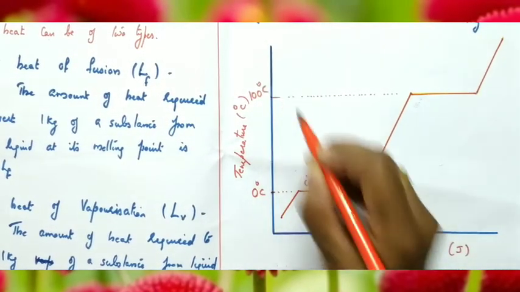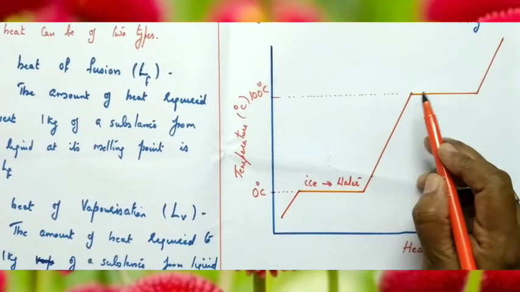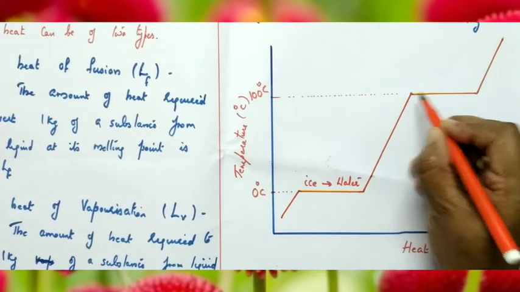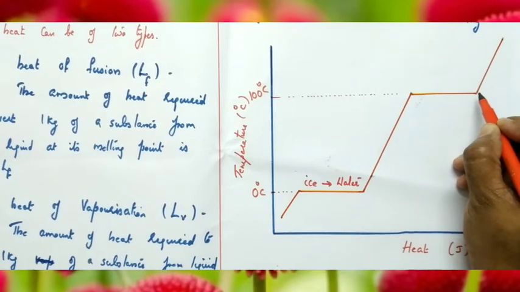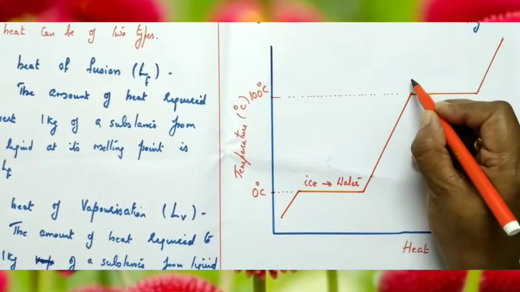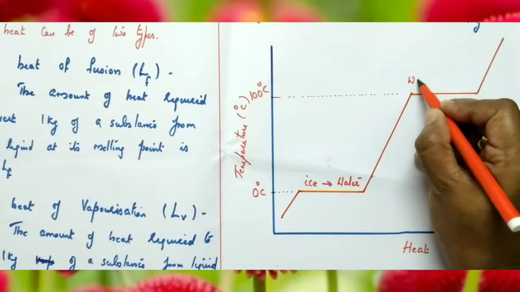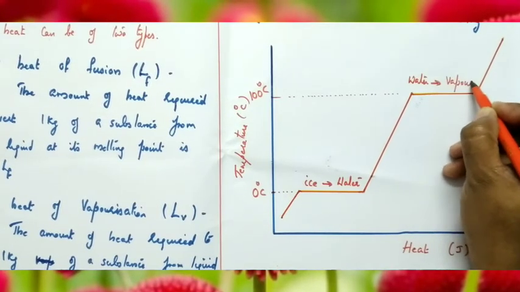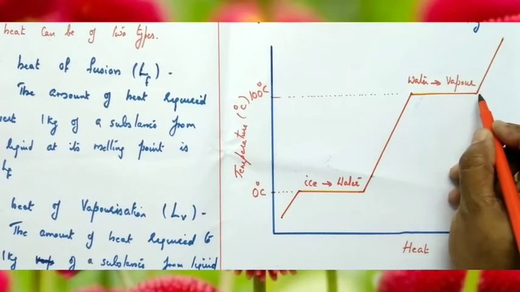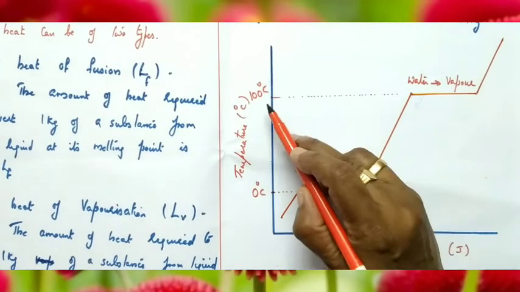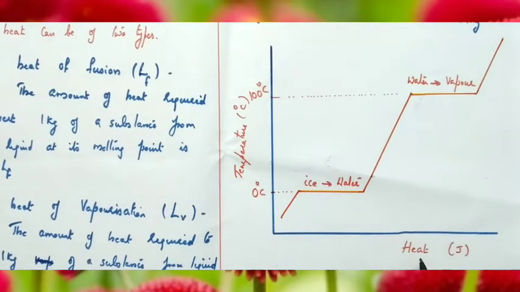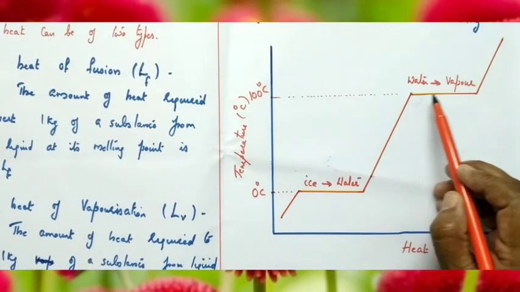Again at 100 degrees Celsius, temperature remains steady. So this is 100 degrees Celsius water, and here this is 100 degrees Celsius vapor. This is the change of state from water to water vapor. Until the whole amount of water gets converted to water vapor, temperature remains 100 degrees Celsius. Clear? So during this process, heat energy is supplied, but the temperature remains constant.